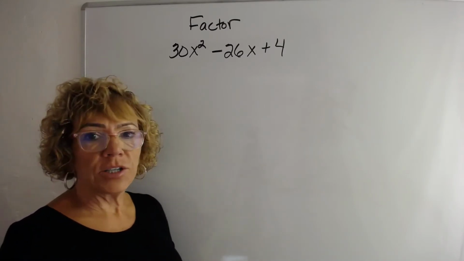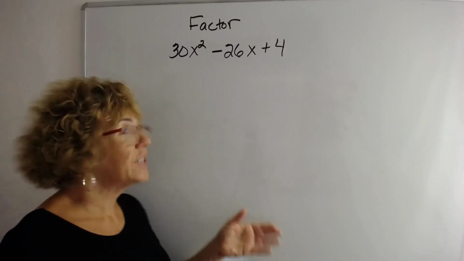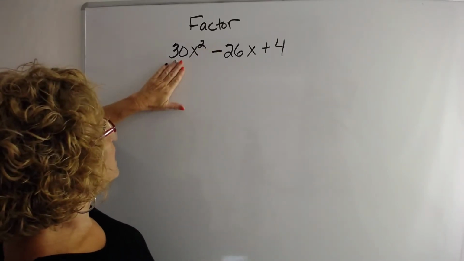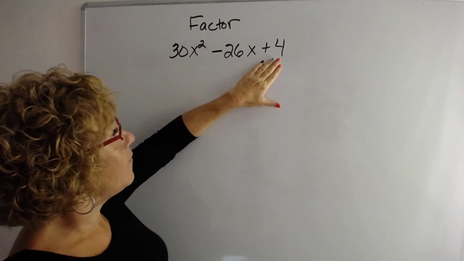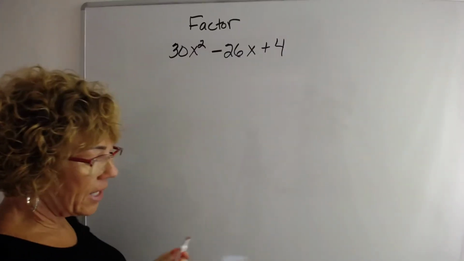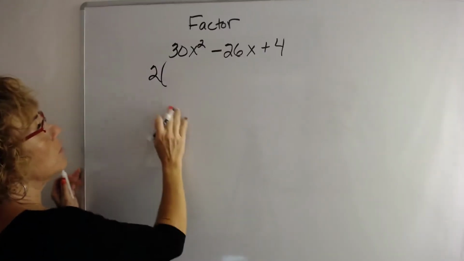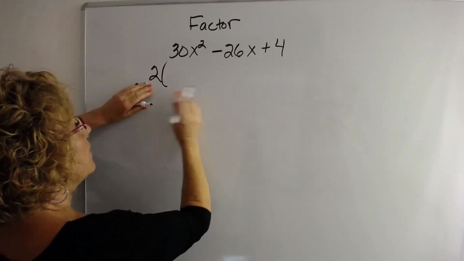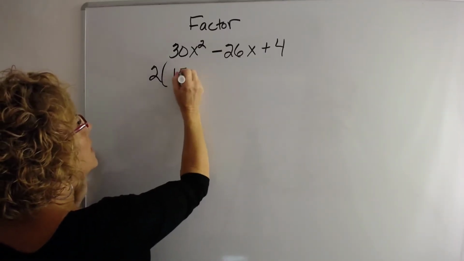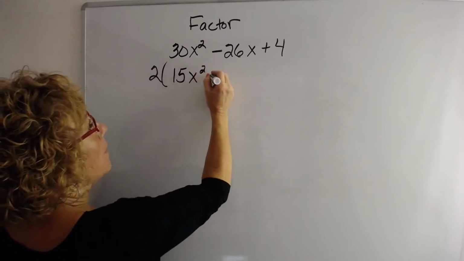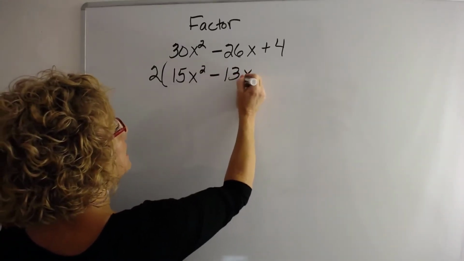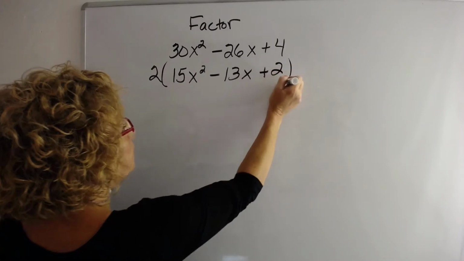First, we need to look to see if there's a greatest common factor. And looking at 30, 26, and 4, I know that there is a greatest common factor of 2. So let's divide out the 2, and it will give us 2 times 15x squared minus 13x plus 2.